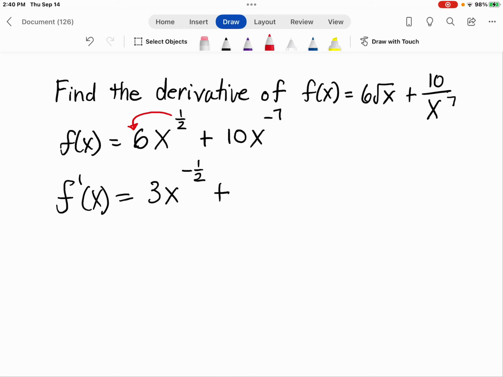Then, same thing with this, I take my exponent and multiply it by the coefficient in front, so that gives me a -70x, and then I make that exponent go down by 1, so that's going to be a -8. And this is my derivative.